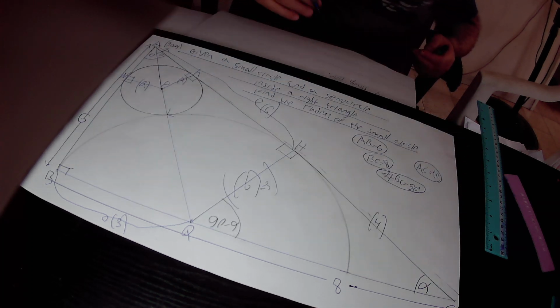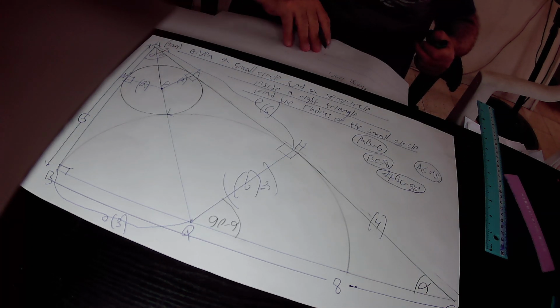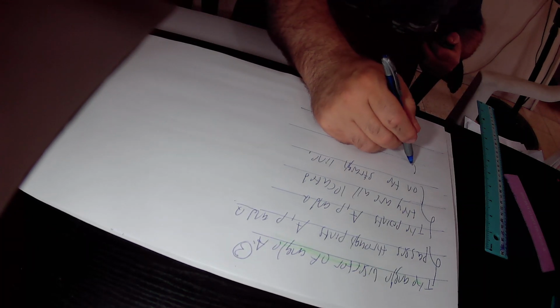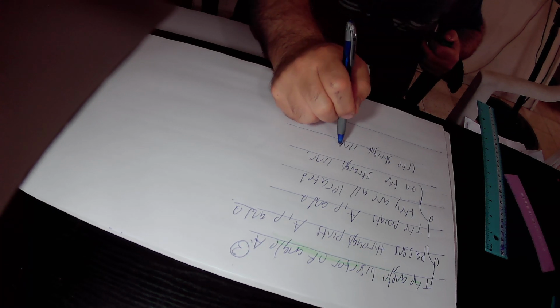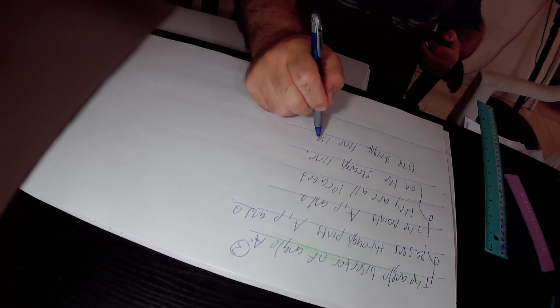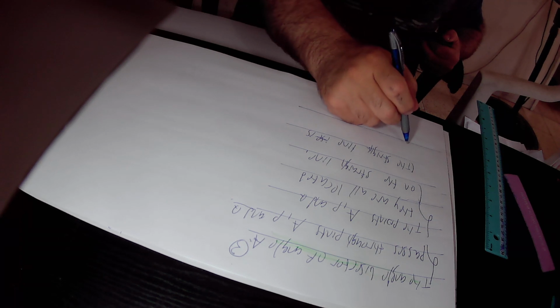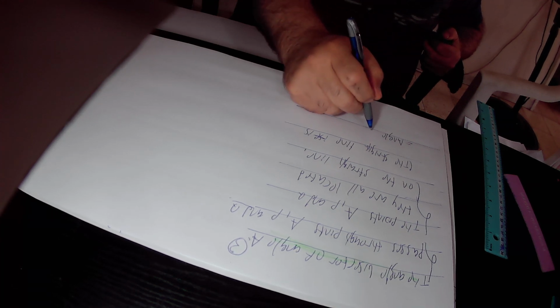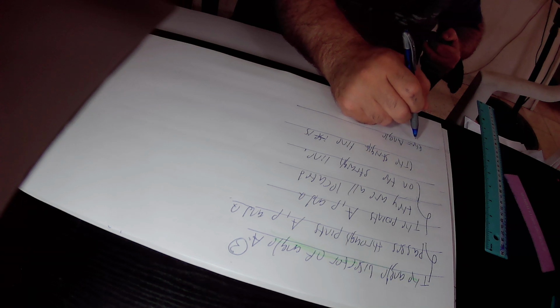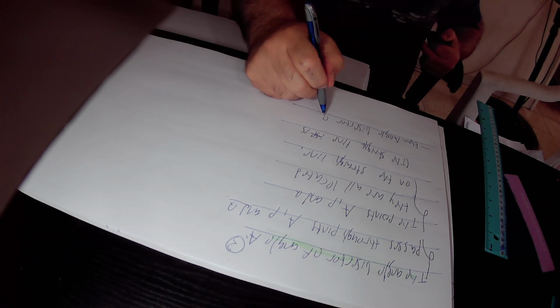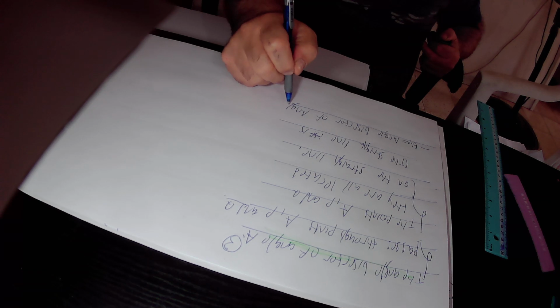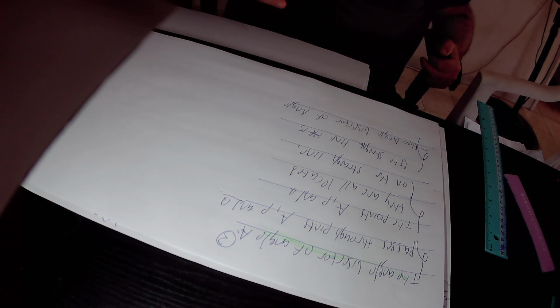And the straight line is the angle bisector of angle A. Okay, writing down the straight line is the angle bisector of angle A.